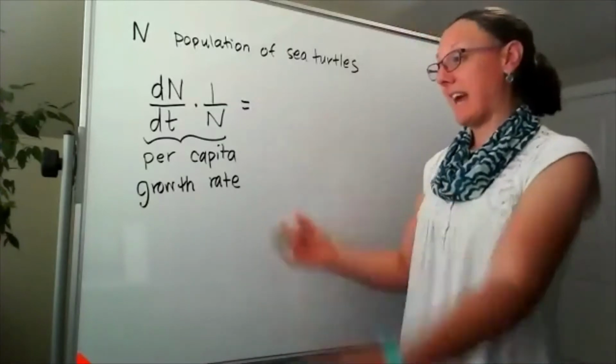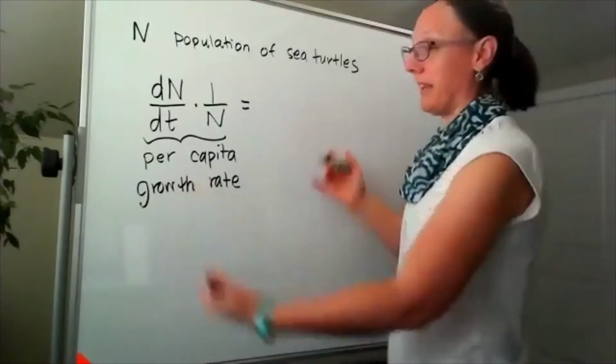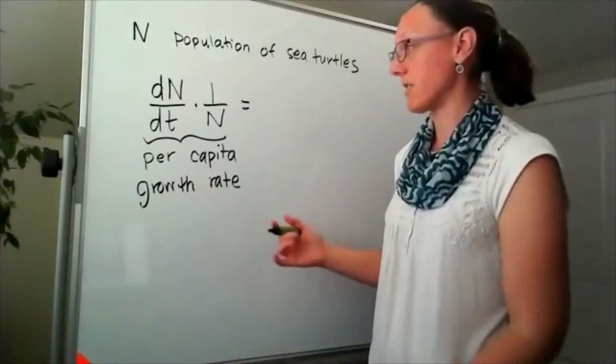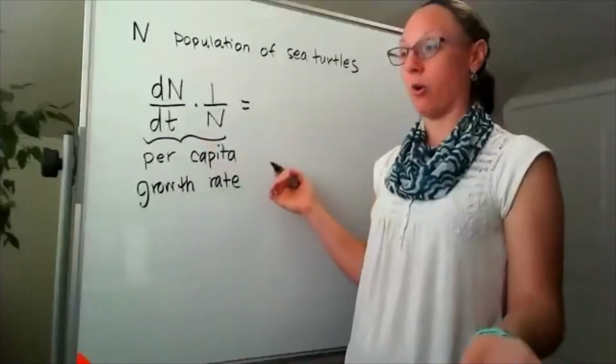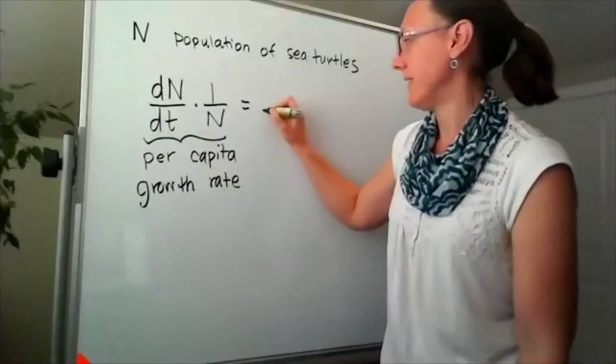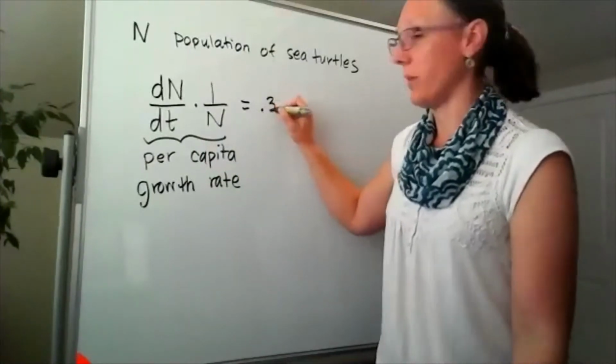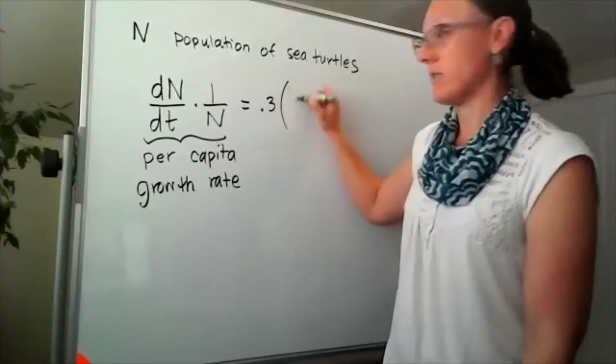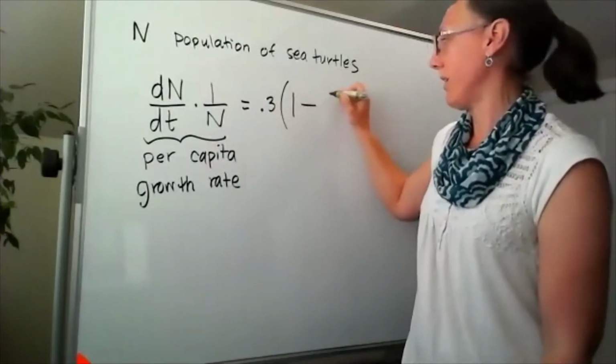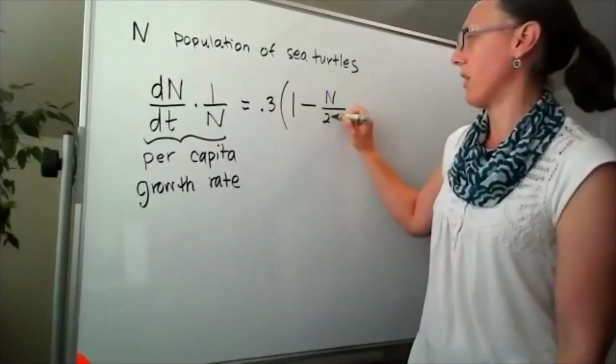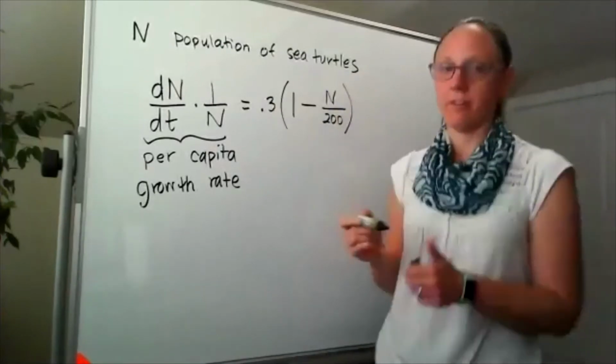So let's say that our population of sea turtles, that the per capita growth rate is, I don't know, let's go with 0.3 times 1 minus n over 200.